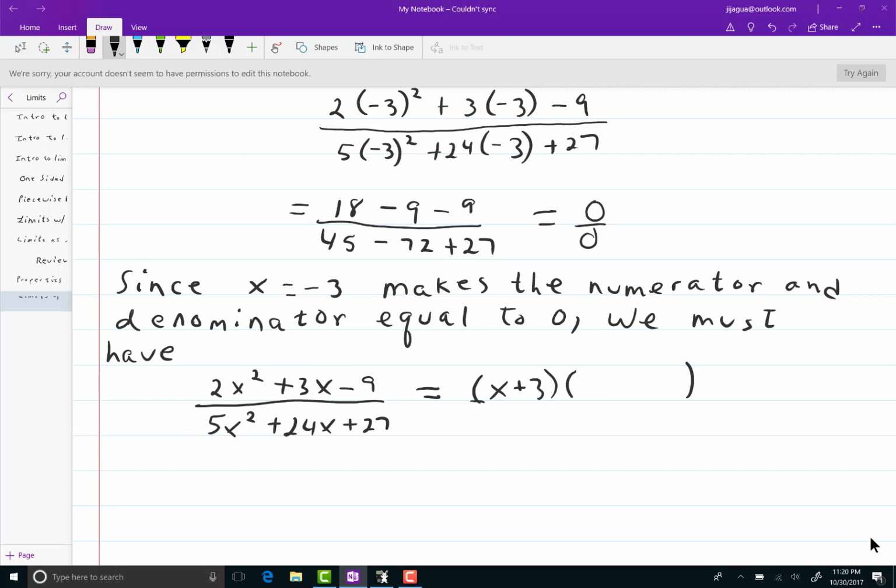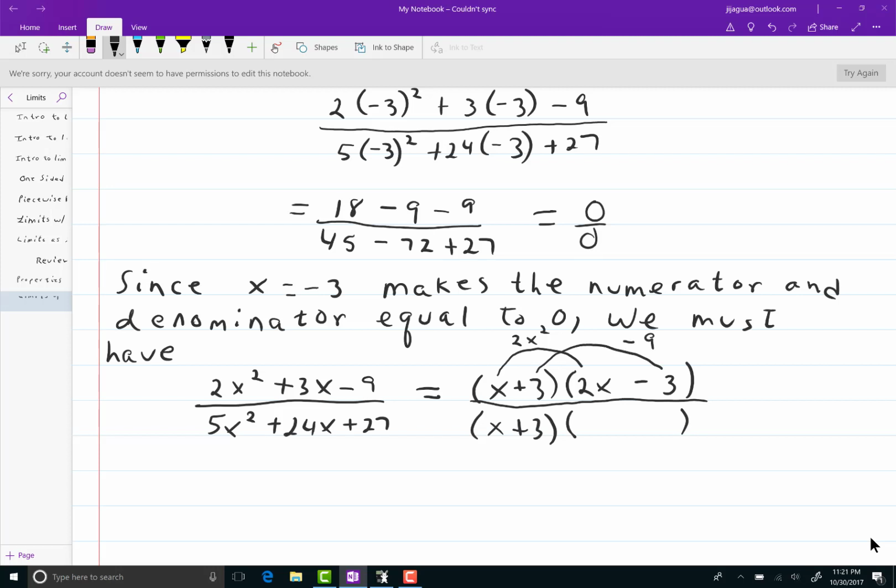But you can see, since it's 2x squared plus 3x minus 9, I'll know the other piece has to start with a 2x. Same thing with the denominator. Since 5x squared is in the denominator, I'll know the other piece there has to be 5x. So just a little reminder how this factoring works. Sort of trying to remind you, I guess, of the FOIL method. Yeah, that's what that's called. So you can follow how I get these numbers.